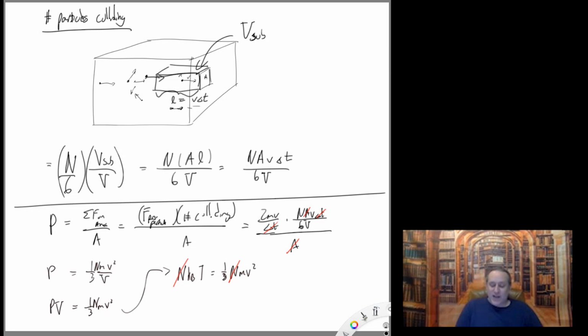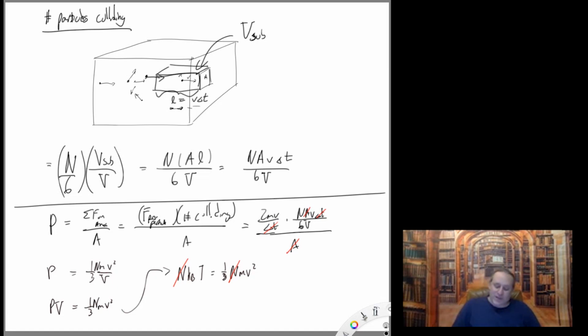And now this is starting to look kind of provocative. 1/3 m v squared. Does that look familiar to you guys? What does it look like, Corinne? The kinetic energy, 1/2 m v squared. Yeah, it's almost the kinetic energy formula, right?